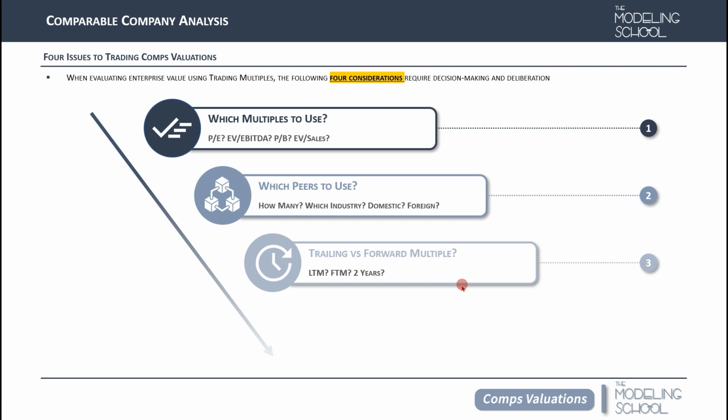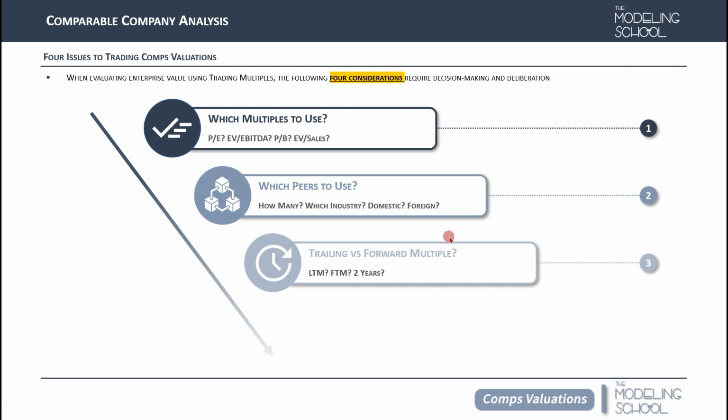Usually we base it on the closing price of the day before. However, when it comes to EBITDA, what are we going to use? Are we going to use the past 12 months? The most recent fiscal year? Or the next 12 months, a projection for the next year?